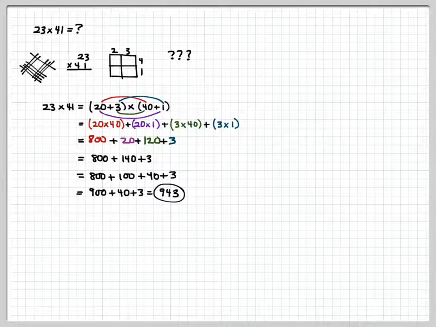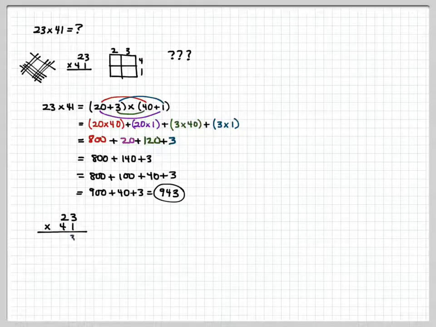Okay? Now let's do the problem again, but using the standard algorithm that most people in the United States learn as children. So for that algorithm, we write the two numbers, 23 times 41, above each other with a line. And I'm going to start by multiplying the 1 times the numbers on the top row. 1 times 3 is 3, 1 times 2 is 2.